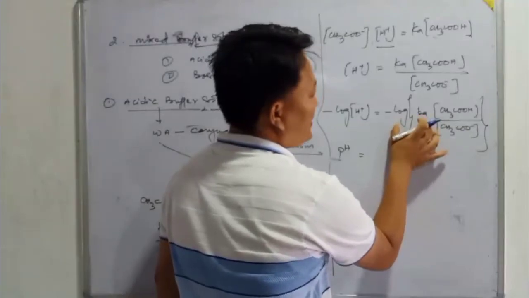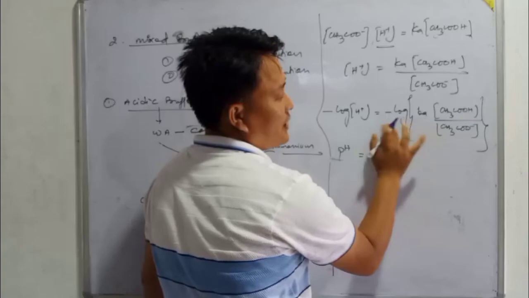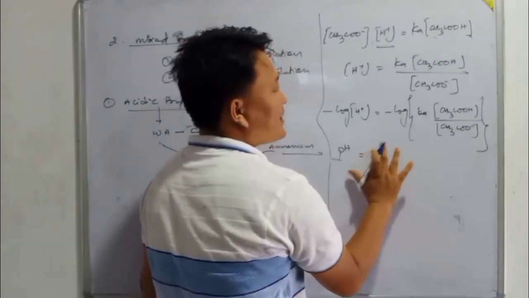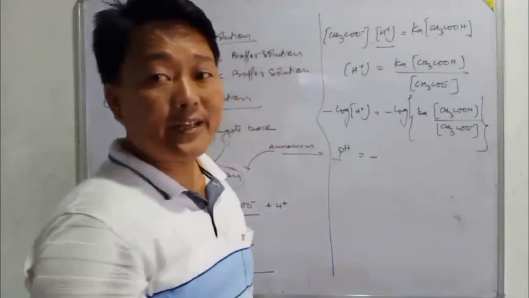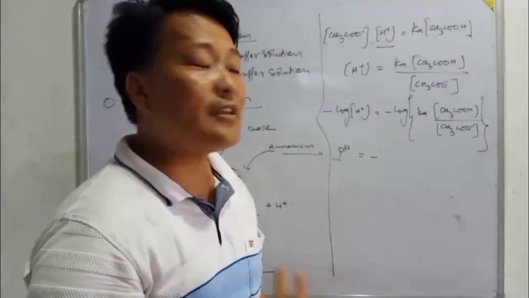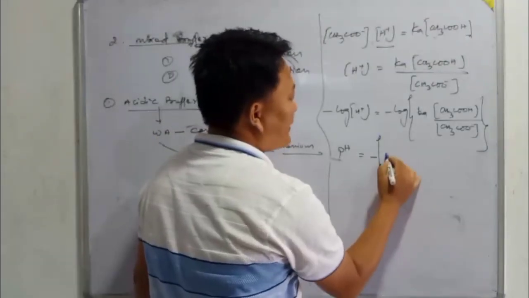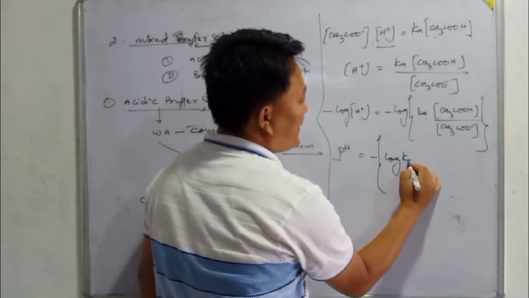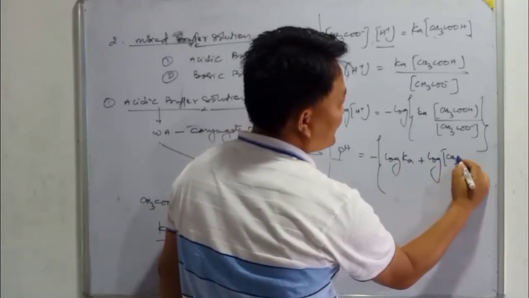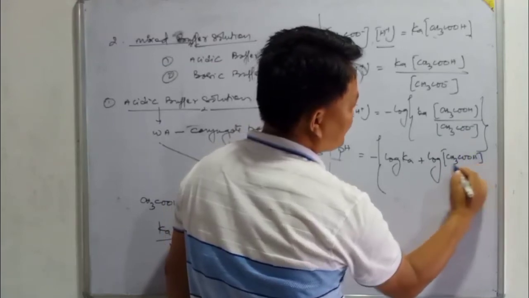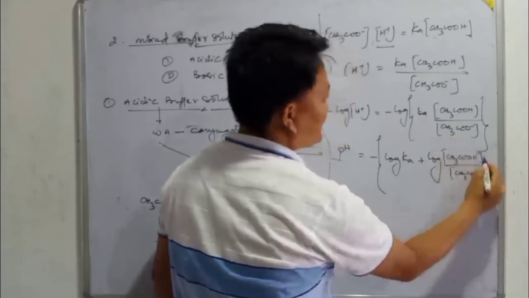Now take minus outside, then log A into B is log A plus log B: log Ka plus log CH3COOH by CH3COO minus.